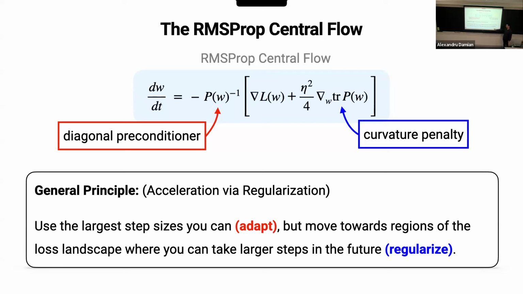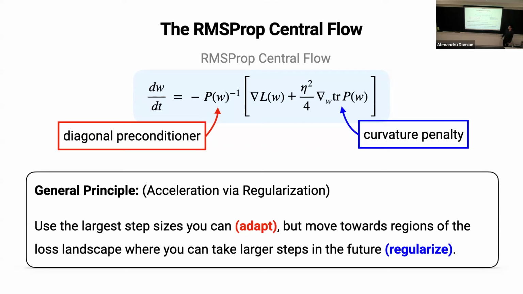So I regularize, which drives me towards flatter regions of the loss landscape. Once I'm there, I can use larger learning rates. I continue to regularize, continue to use larger learning rates. And empirically, you can show that these step sizes increase over time, because you're constantly driving yourself towards flatter regions of the loss landscape. So this general principle of acceleration by regularization is really important for Adam.